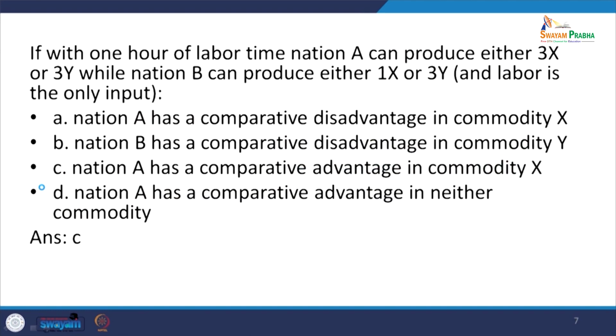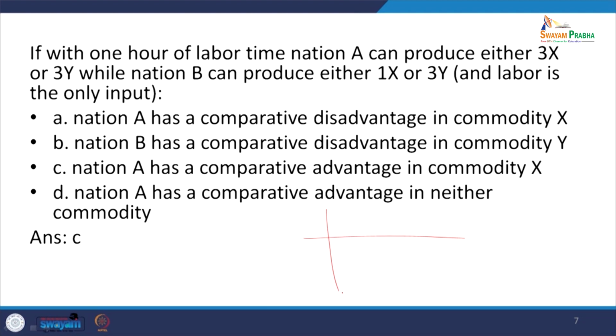Now, let us move to the next example, which is a bit complicated by the notations. If you read between the lines, things are very clear to understand. If with 1 hour of labor time nation A can produce 3x, you have to plot it very clearly.